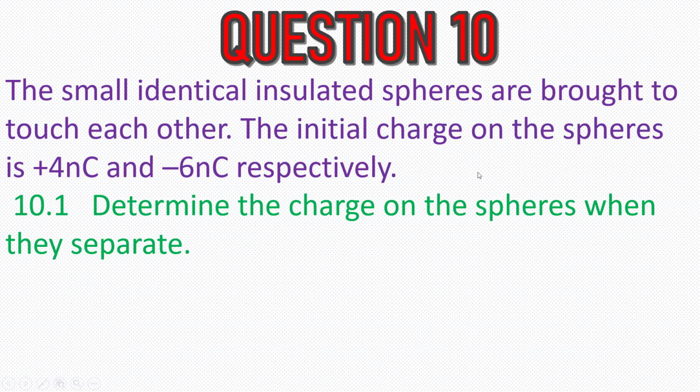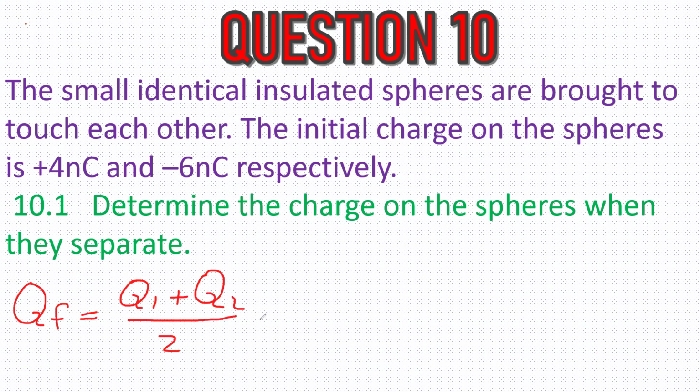Question 10. All right, I hope you have done. Let's answer this question now. The new charge we are looking for: Q final equals Q1 plus Q2 over 2. We use it like this because we have two objects, object A and B. First one, Q1, with plus 4 nanocoulombs.